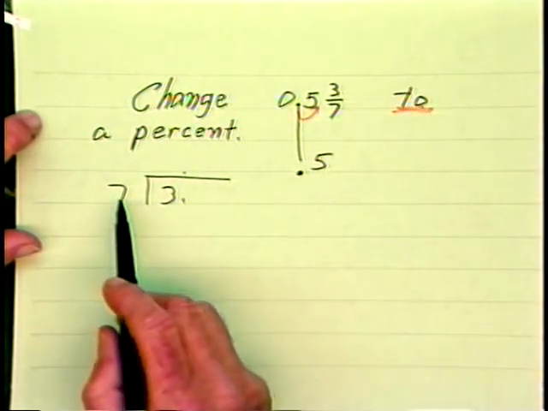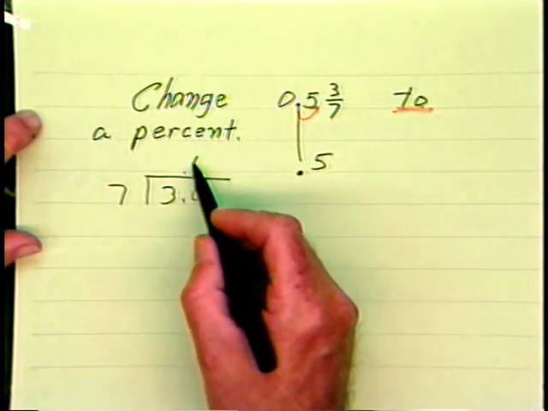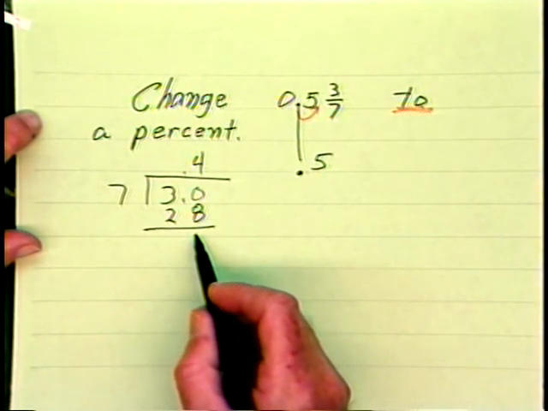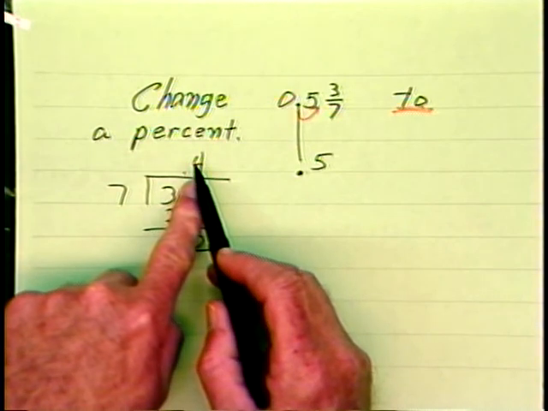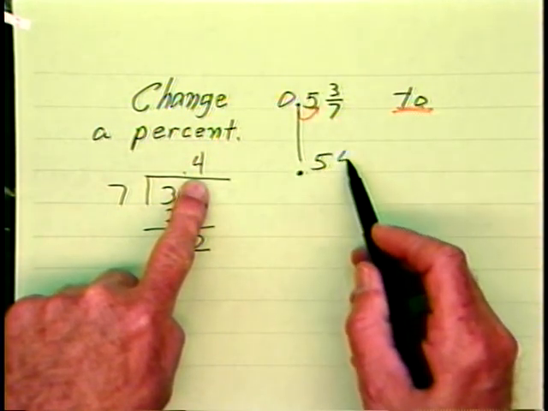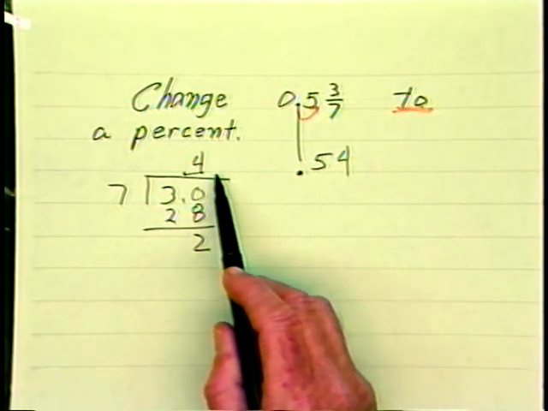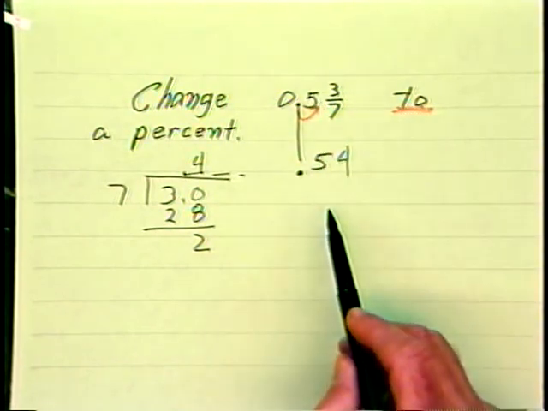So as I do this, 7 into 30 goes 4 times. That's 28 with a remainder of 2. So this 4/10 here actually is going to be 4/10 of a tenth, which is 4/100. Or in short, starting at this decimal point, each digit I get gives me additional digits behind the 5.